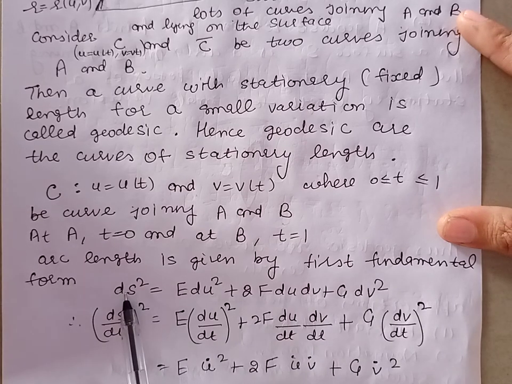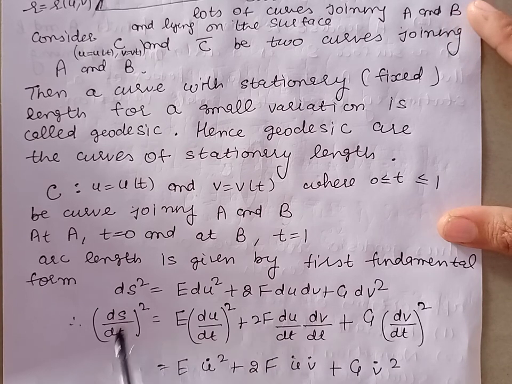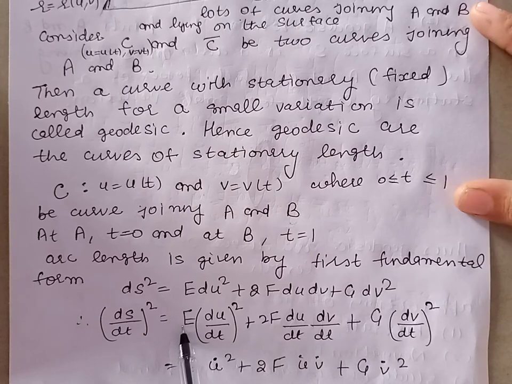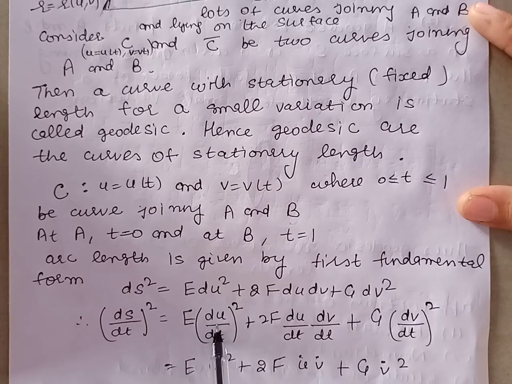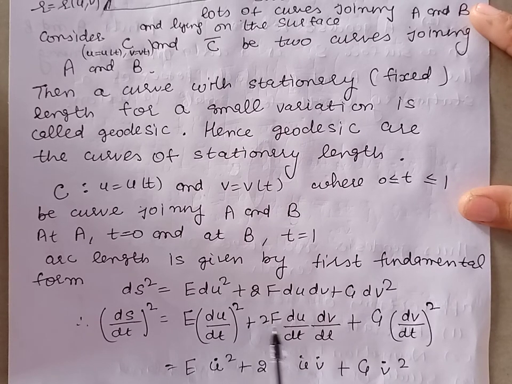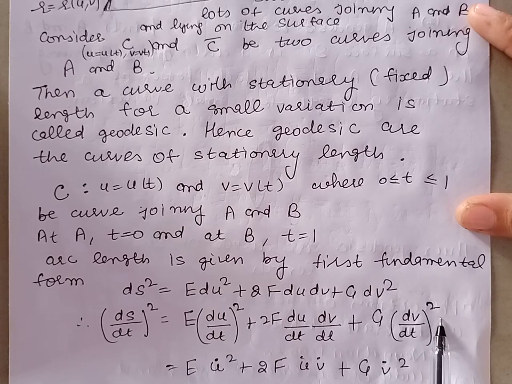Now, let us divide throughout by dt square. So this will become (ds/dt) whole square equal to E (du/dt) whole square plus 2F (du/dt)(dv/dt) plus G (dv/dt) whole square.